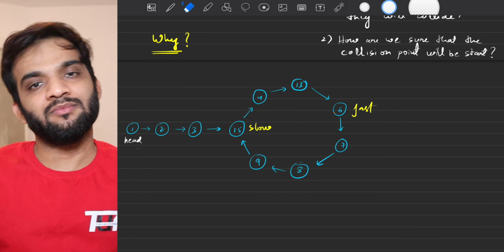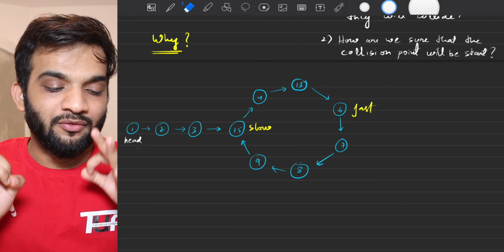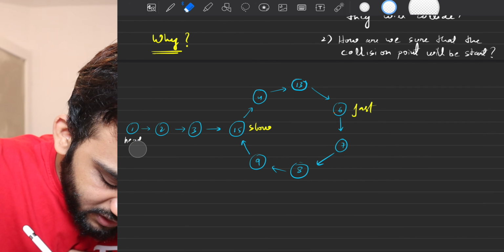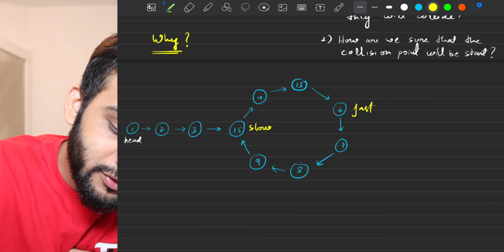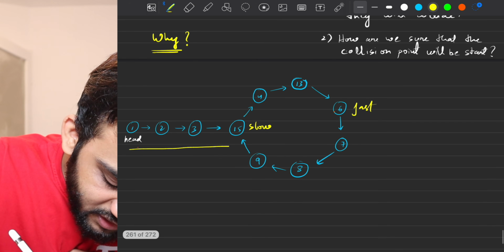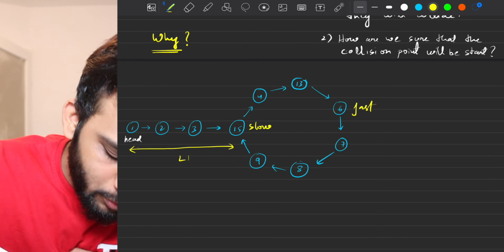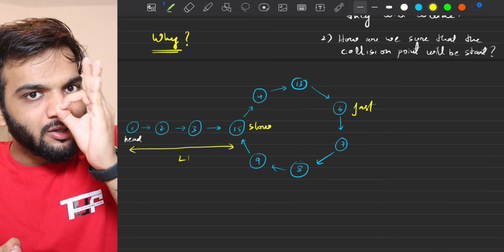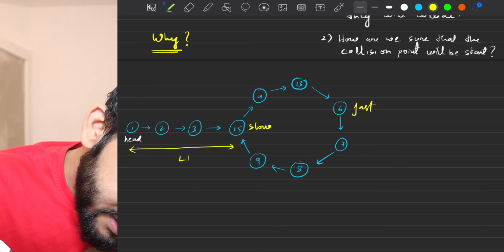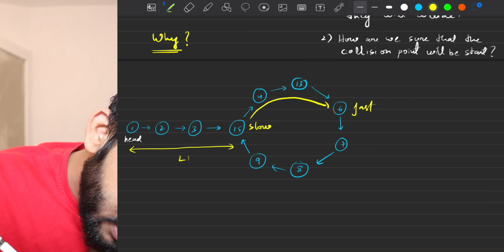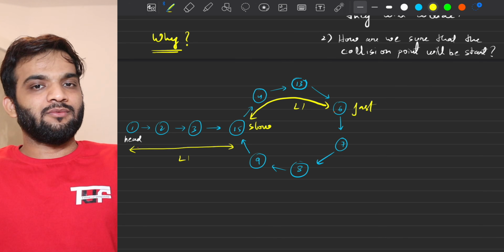Step 1, understood. Point to observe here is, if this distance, let's assume this to be L1, from head to starting point, is 3, this is also 3, which is the starting point to the initial position of the fast pointer.